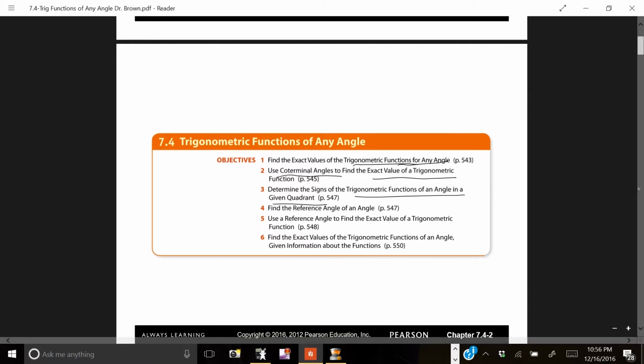We're going to define and also find the reference angle of any angle. And then we're going to use a reference angle to find the exact value of trigonometric functions, and then find the exact value of the trigonometric functions of an angle given information about the functions.